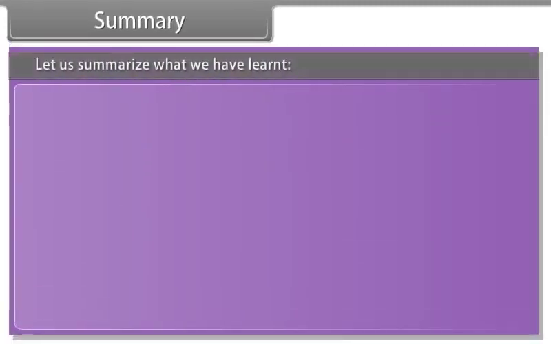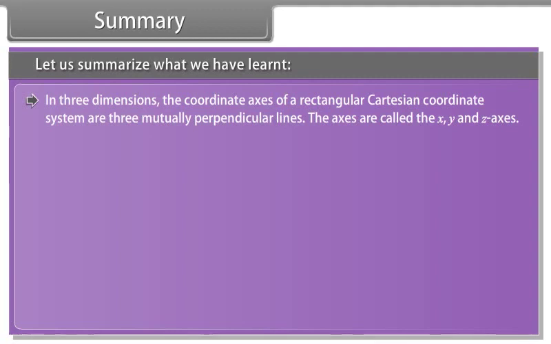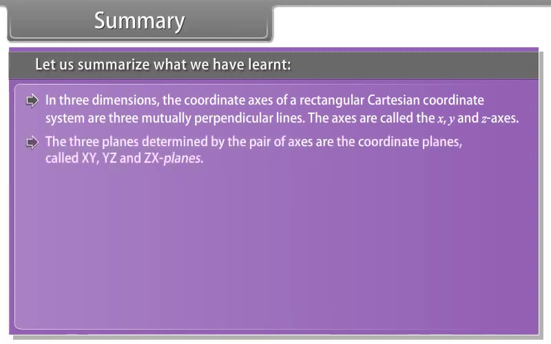Summary. Let us summarize what we have learned. In three dimensions, the coordinate axes of a rectangular Cartesian coordinate system are three mutually perpendicular lines. The axes are called the x, y and z axes. The three planes determined by the pair of axes are the coordinate planes called xy, yz and zx planes.